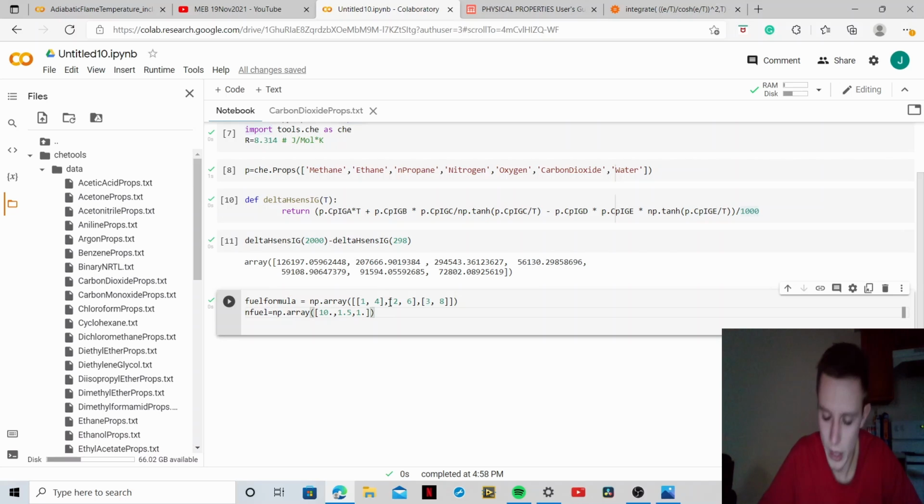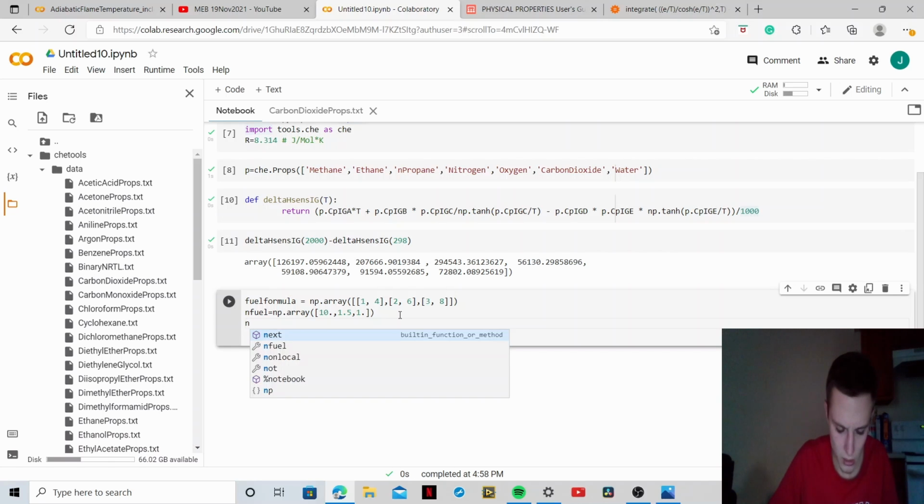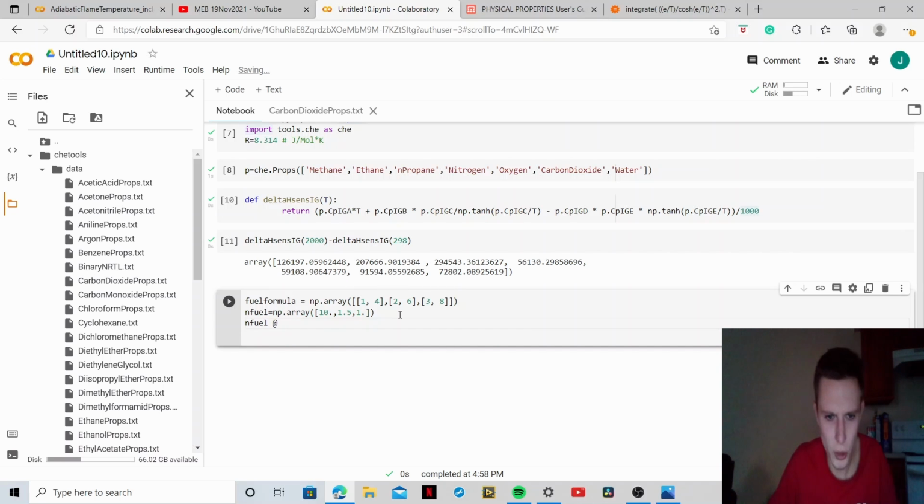The way we can find those is, these are all matrices, so we can do matrix multiplication, which in Python or Google Colaboratory is done with an @ sign. So fuel with an @ sign, multiplying these two arrays.